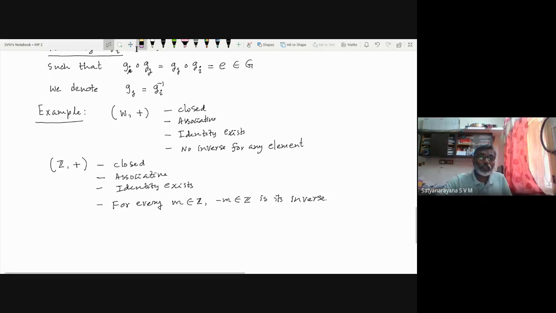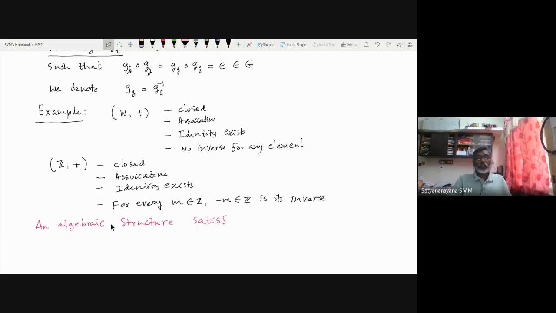Okay, and so an algebraic structure satisfying one to four is called a group.